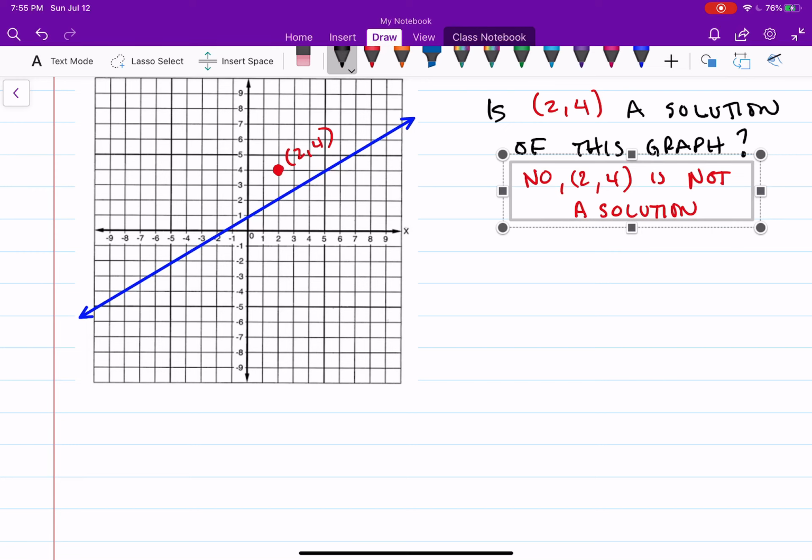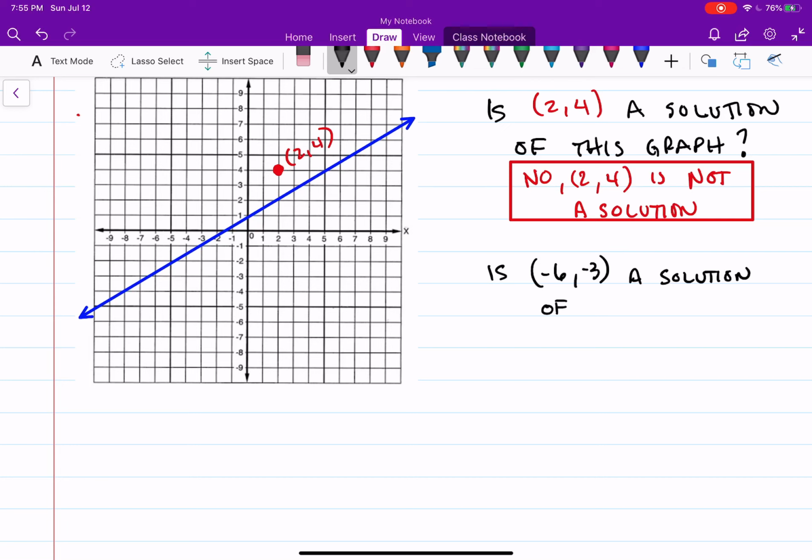What if it said, is (-6, -3) a solution of this graph? So let's make (-6, -3) a different color. Let's go with orange. Okay? So let's plot (-6, -3). -6 is an x value, so I go left. -3 is a y value, so I go down.